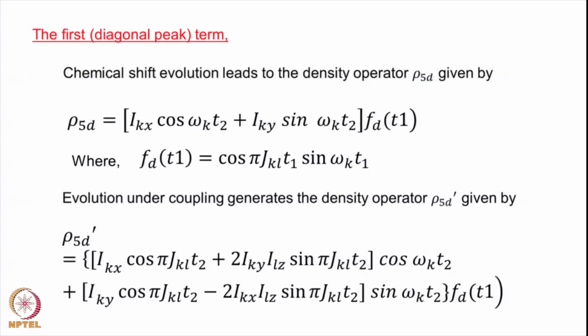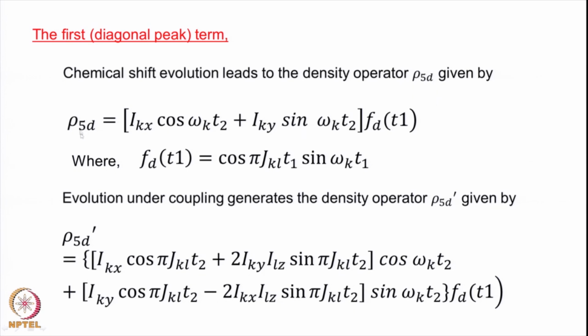Let us first consider the diagonal peak term. The diagonal peak is arising from IKX, the first term in this observable part. So, chemical shift evolution leads to the density operator rho 5d. This is during the T2 period.